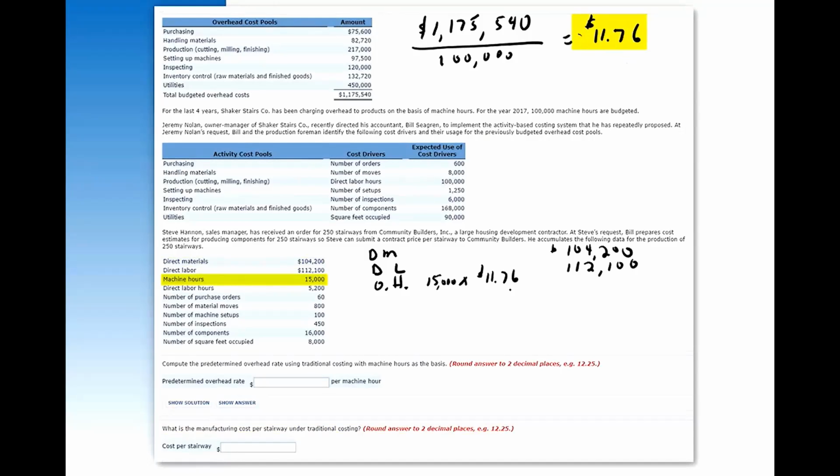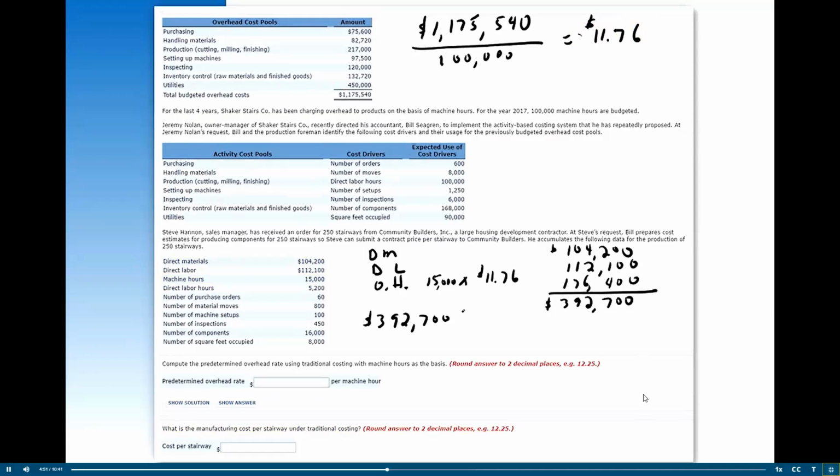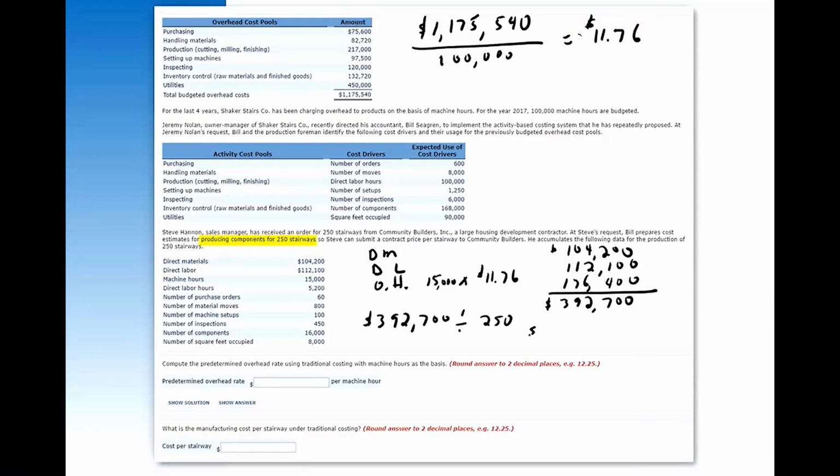So 15,000 machine hours times $11.76 is $176,400. So the total cost to produce the 250 stairways is estimated to be $392,700, and then for a cost per stairway, we'll take the $392,700 divided by the number of stairways, which is 250, and we get $1,570.80.